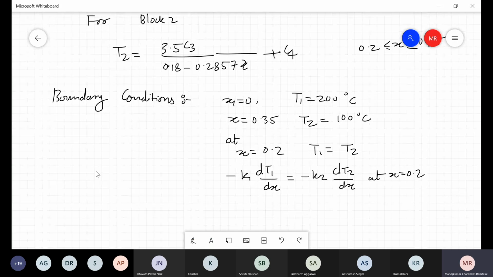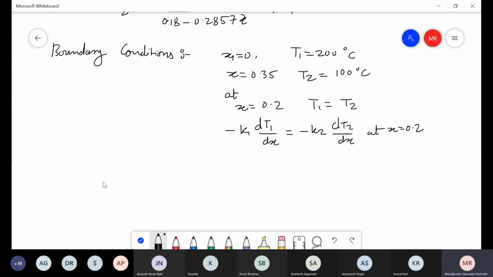C1 is minus 2.119, C2 is 241.2, C3 is minus 5.297, and C4 is 331.74.